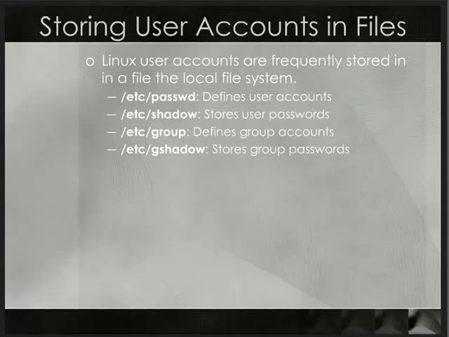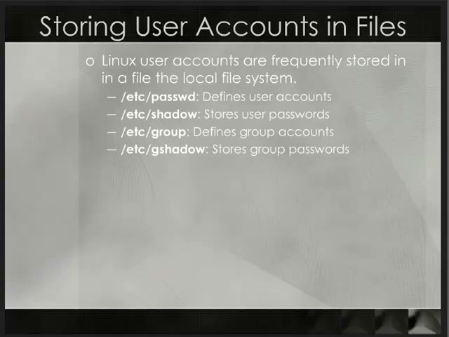The shadow file in the same directory, however, actually stores the passwords for the user accounts that you define in the passwd file. And likewise, on a Linux system, we can create groups and assign multiple users to various groups. It allows us to ease administration if we need to provide access to a large number of users to the same file or directory in the file system.